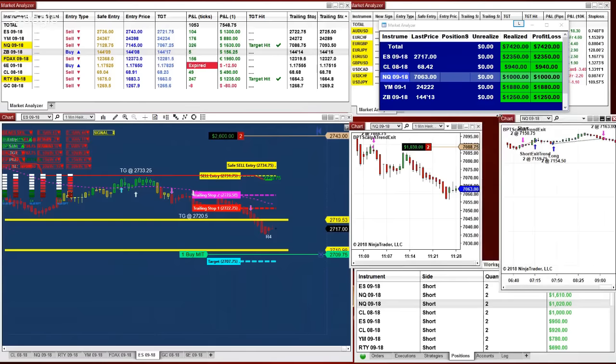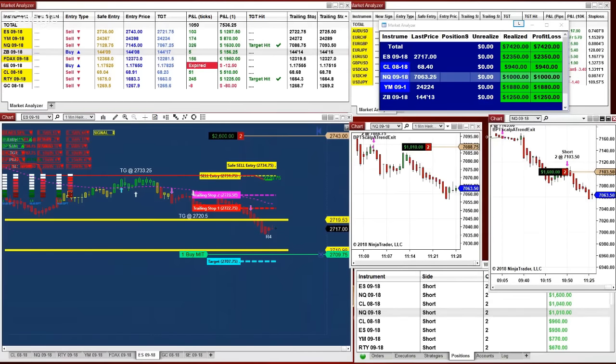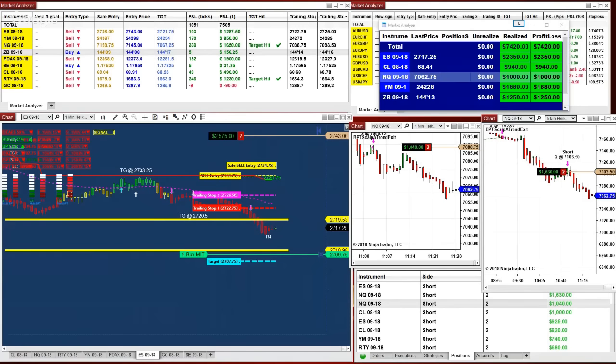Take your ES and try to find an ES and try to look at when it's going to close position. If you cannot make up your mind, then here.